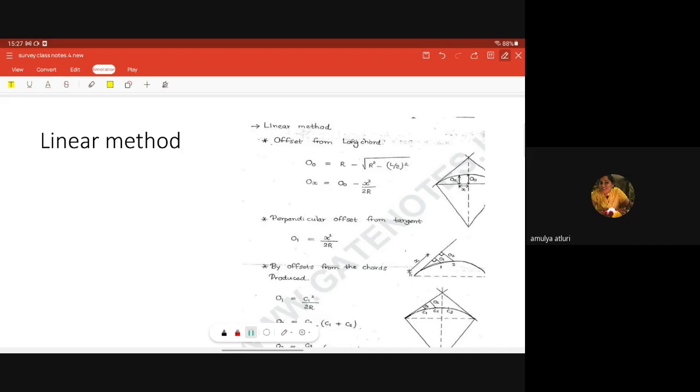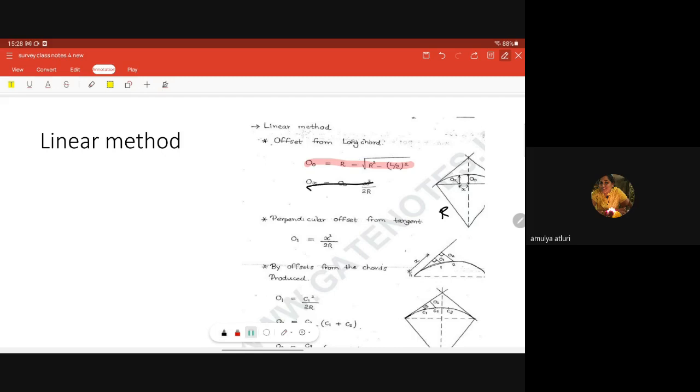You can see the offset from the long chord formula: R minus the root of R squared minus (L by 2) squared. The offset at X is O_X equal to O_0 minus X squared by 2R.